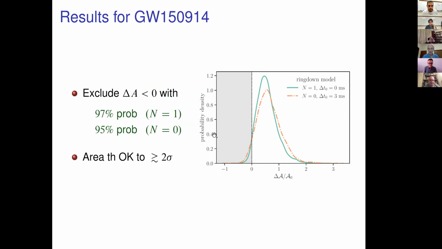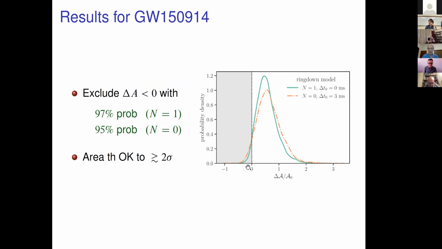So I've plotted the probability versus, on the x-axis here, the change in area, right? Computed from the early and the final black hole. So let's look at the green probability that's including one overtone. And you'll see that there is a small probability here of a negative area change, but it's only 3%, right?